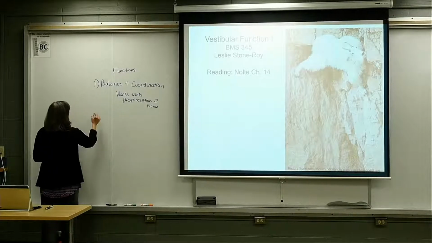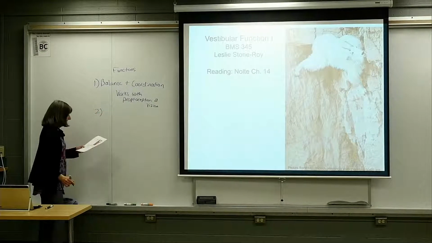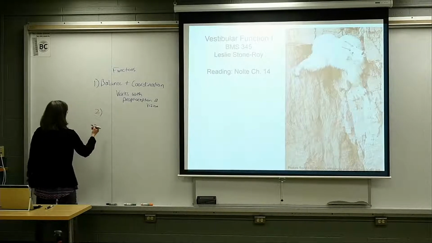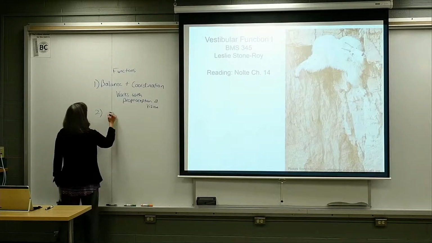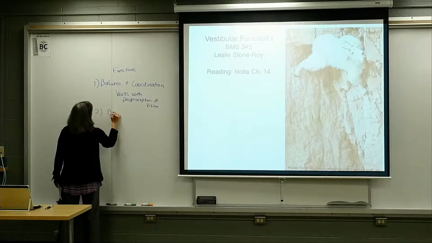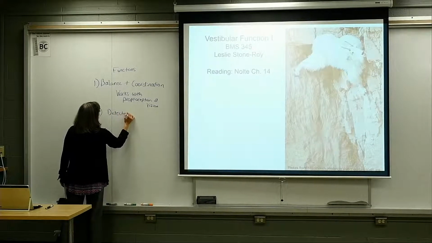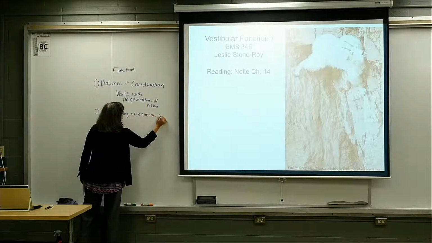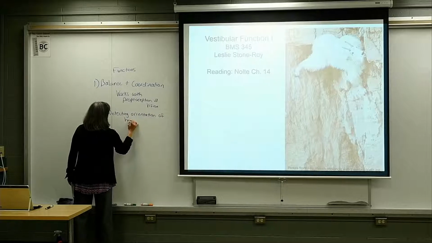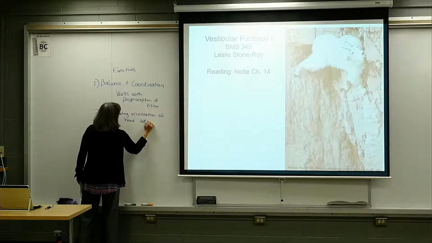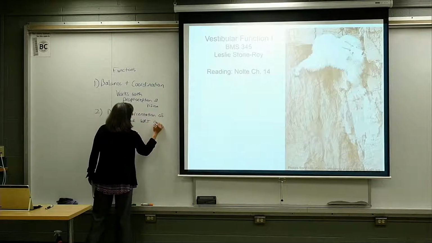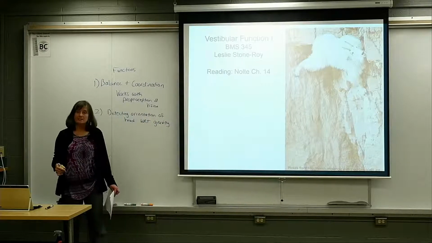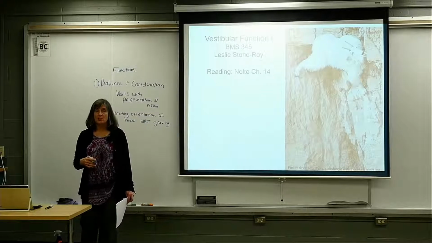Another function of the vestibular system is orientation of our body and head with respect to gravity, or detecting the orientation of the head. WRT is just with respect to gravity, so that we know where our head is in space, and sometimes that's going to result in a correction.